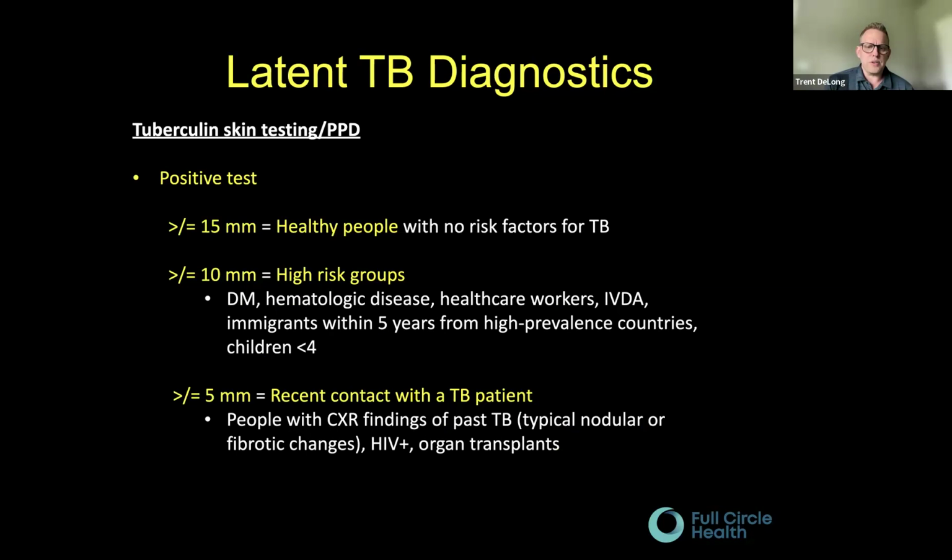Those high-risk groups include diabetic patients, patients with hematological diseases, healthcare workers, IV drug users, immigrants within the past 5 years from a high-prevalence country, and children under the age of 4. And then at least a 5 millimeter induration for a patient with recent contact with a TB-infected individual, people with past chest X-ray findings of TB infection, and HIV-positive patients, organ transplant and other immunocompromised patients.